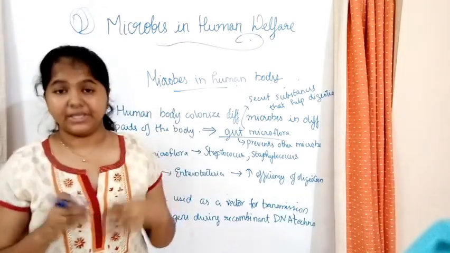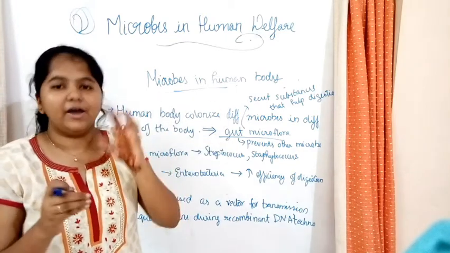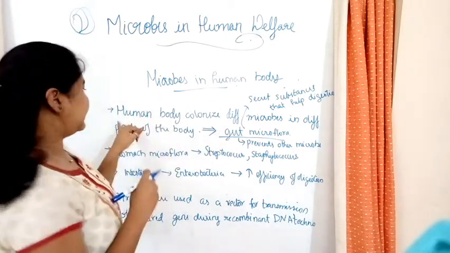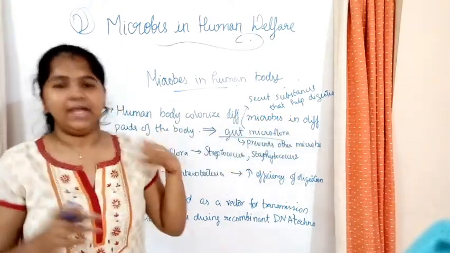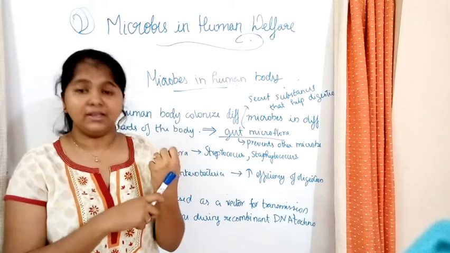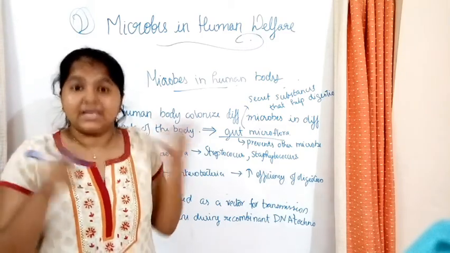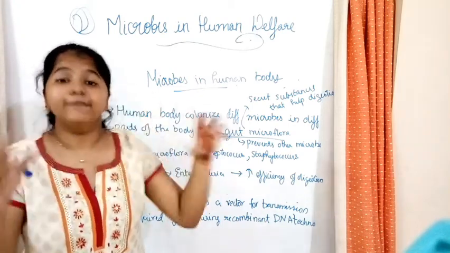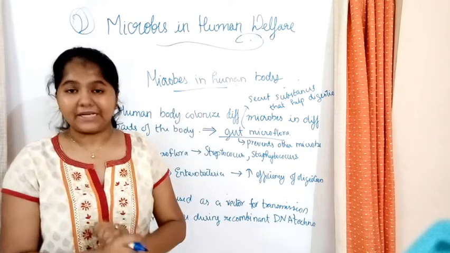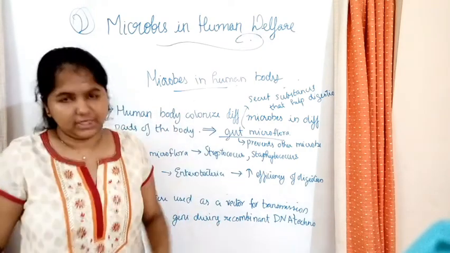In our human body, there are certain places where microbes are colonized. The human body colonizes different microbes in different parts, like in our guts, skin, buccal cavity, esophagus, intestine, etc. Every portion has a different type of microbe, because these help us in our bodily functions.